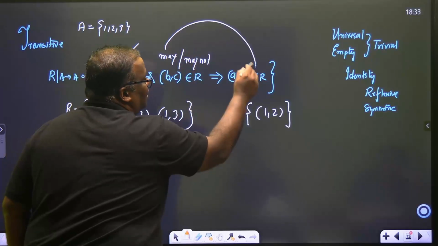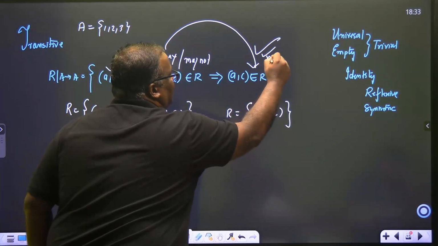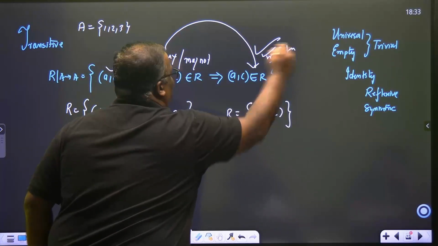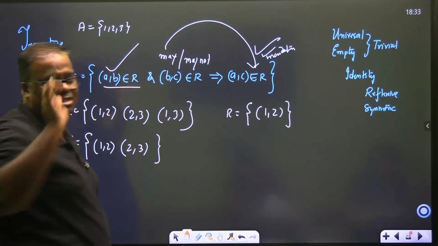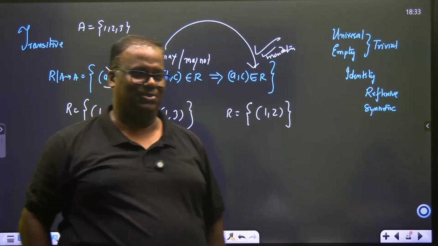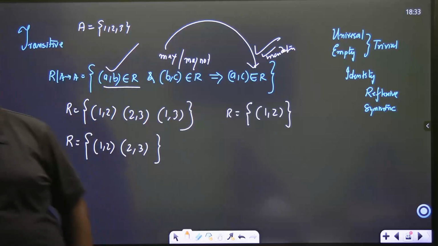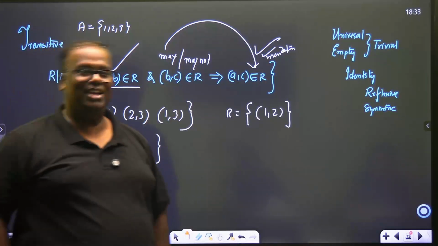If it is may, then this is mandatory. If it is may not, you're just having this. It is transitive. Did you understand? It's very interesting.